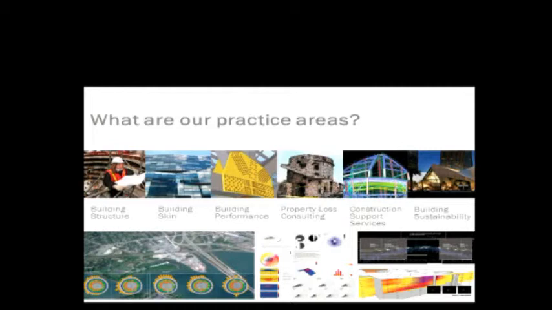One of the issues that we have seen is that these different practice areas are looking at focused areas, and we want to enhance these services by looking at what the impact would be on the overall building, not just the facade. And I'm not going to touch a lot on the rest of the practice areas because we do have some synergies among them, but they are not relevant to the topic that I'm covering today.